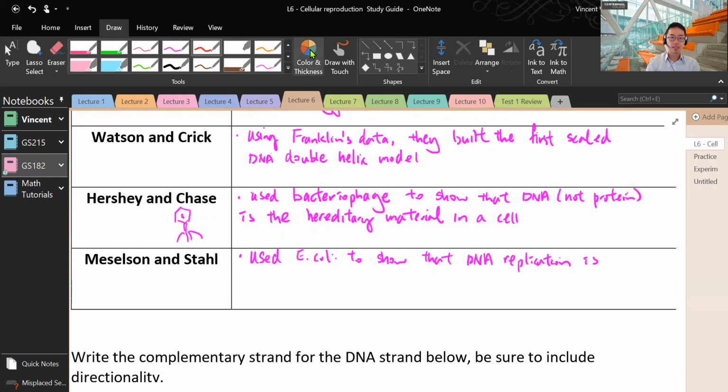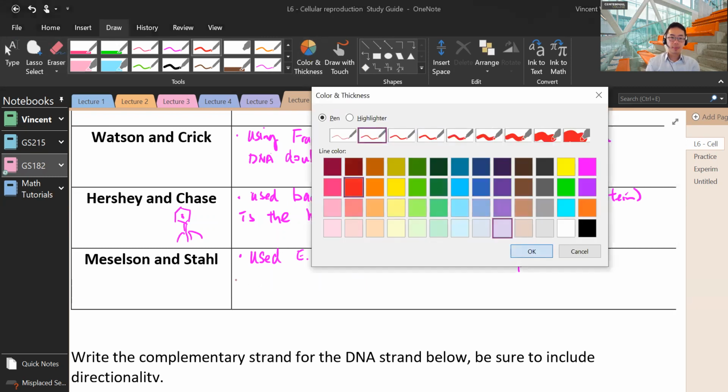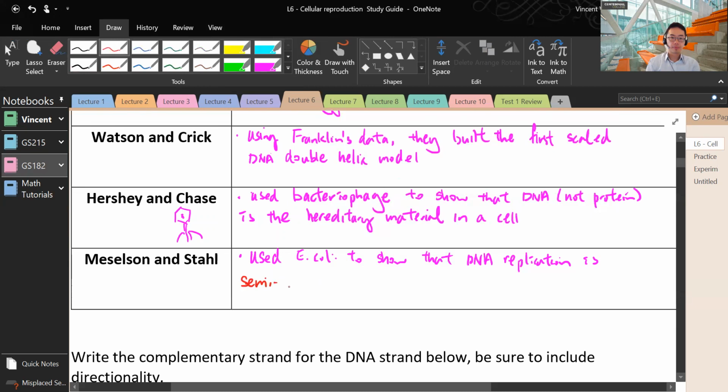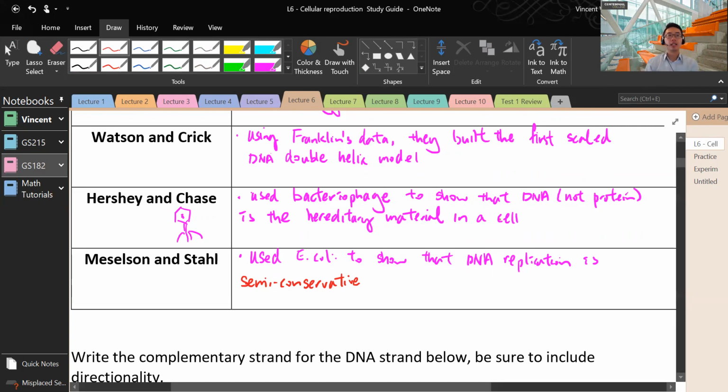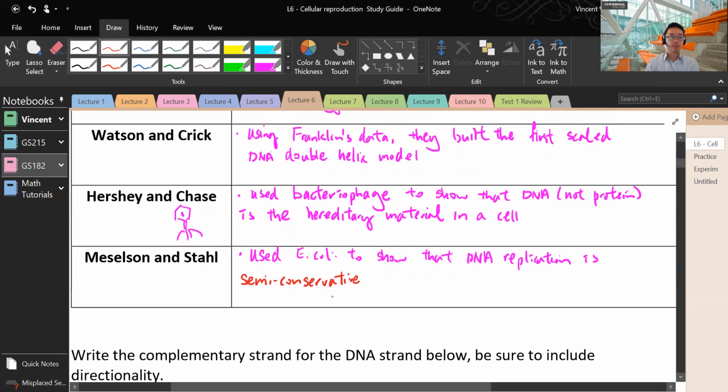Semi-conservative. Okay, it means when you replicate DNA, exactly one strand will be the original, and then the complementary strand will be completely new. Okay, so we can talk more about that later.